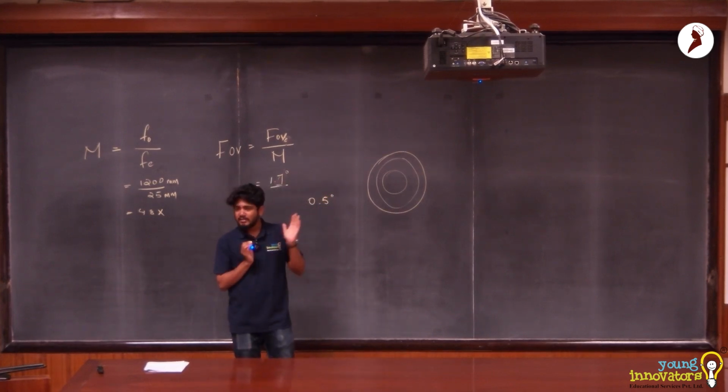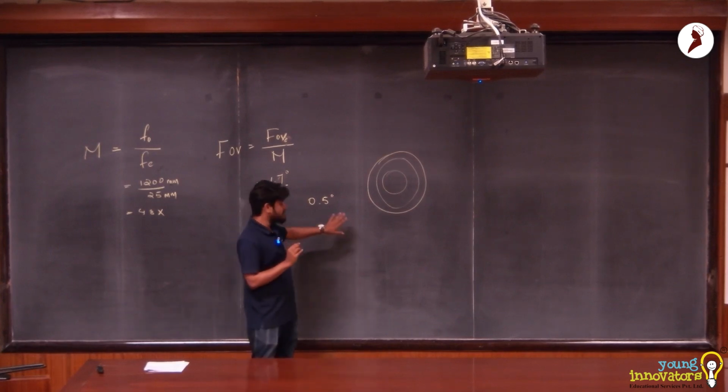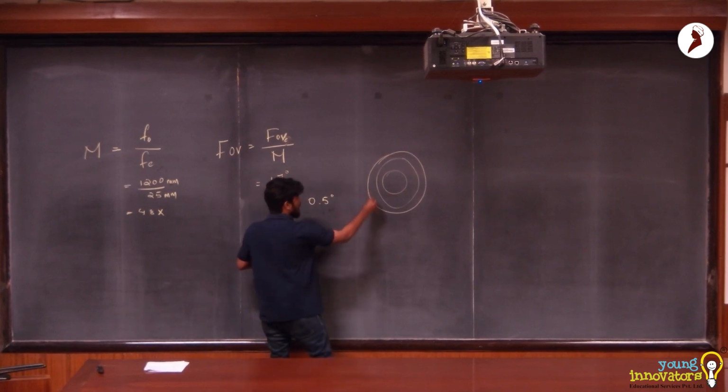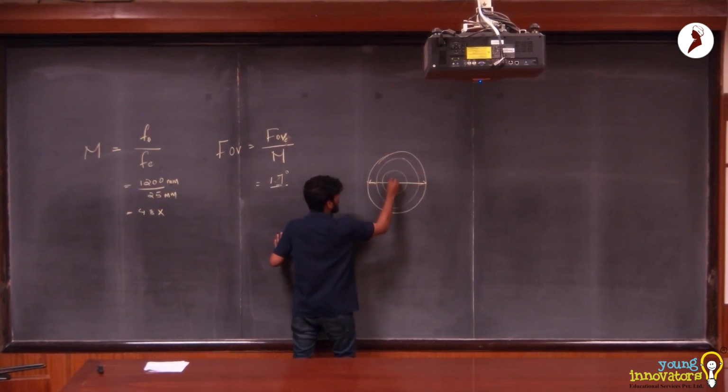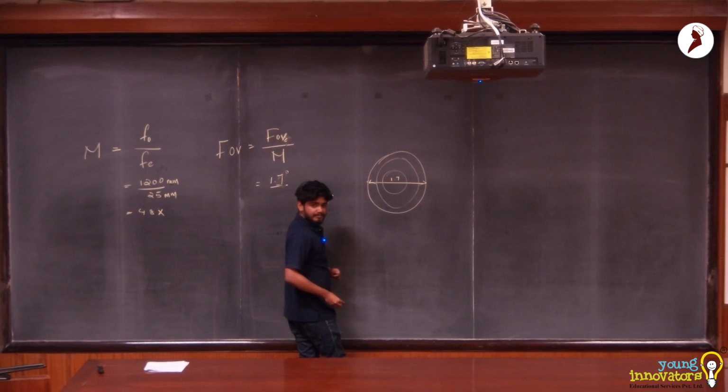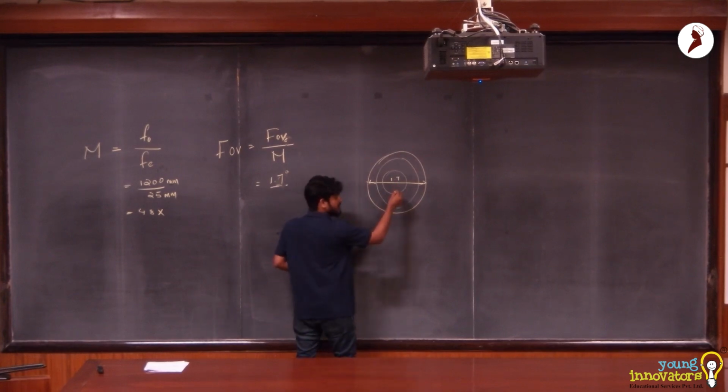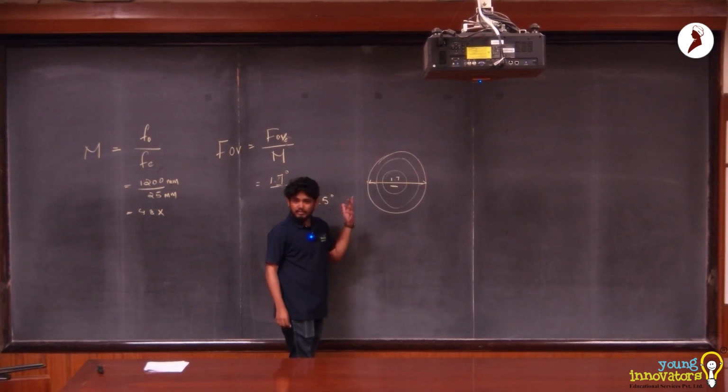Can the moon fit in this 1.7 degree field of view? Yes, because it is less, right? Say you have this field of view to be 1.7 degrees, and the moon is only 0.5, which means that is only this much. Which means it will fit in.